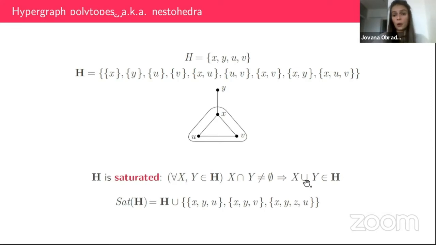If you go back to our example, you can easily see that H is not saturated. For example, the hyperedges x, u, and x, y have a non-empty intersection, but obviously their union is not there as a hyperedge. But of course, given any hypergraph, you can saturate it precisely by adding all those missing unions of hyperedges. In this concrete case, we saturate our hypergraph by adding these 3 guys.